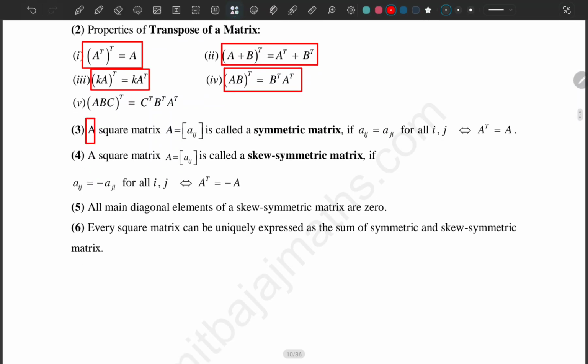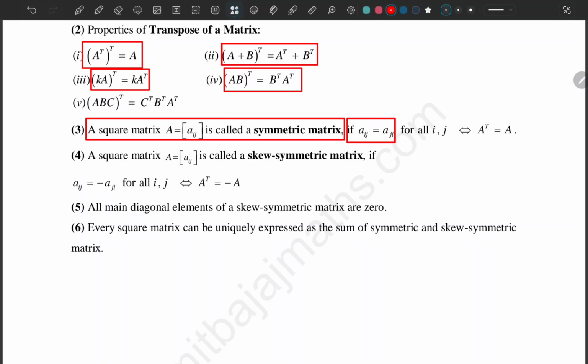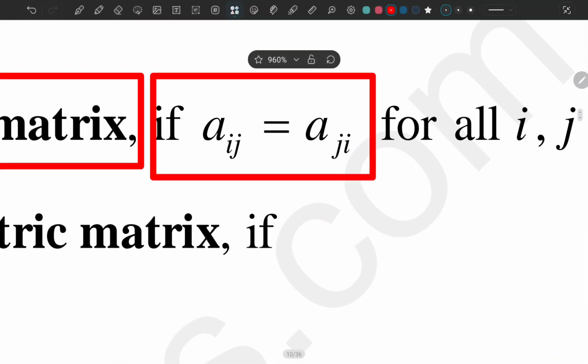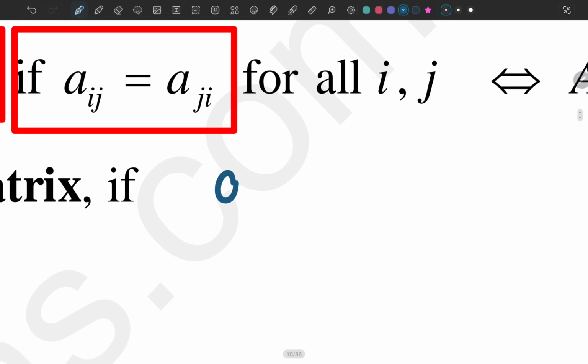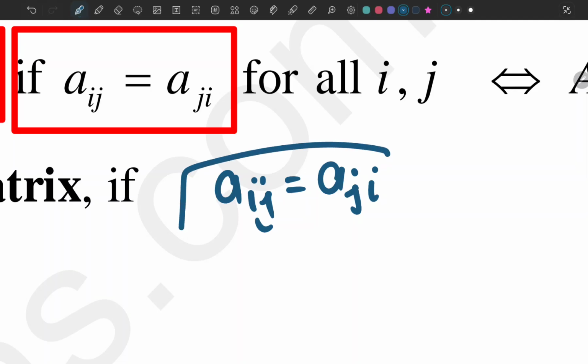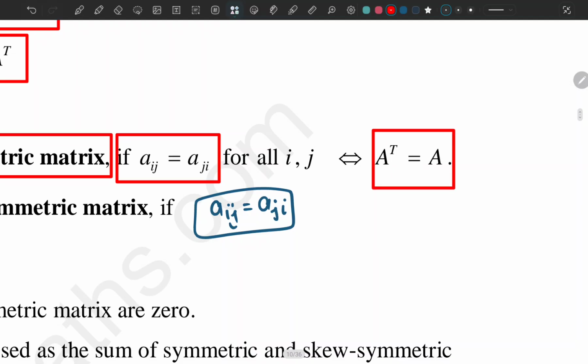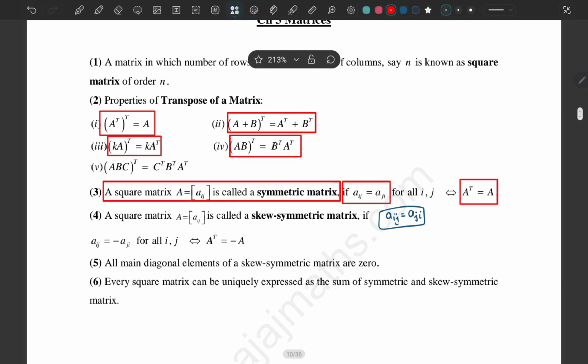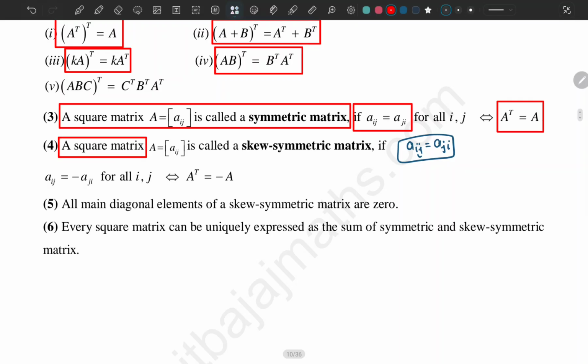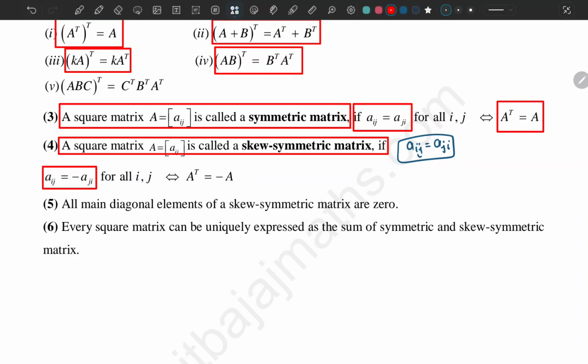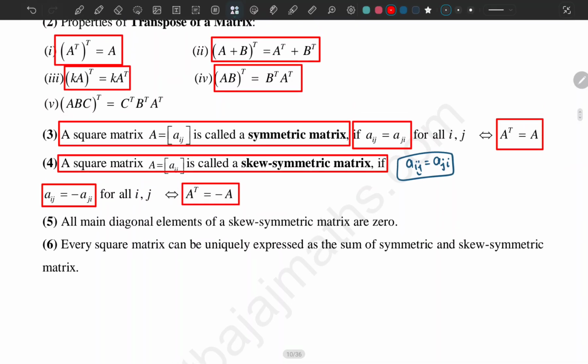A square matrix is called a symmetric matrix if aij equals aji. Or you can just check this by looking at whether A transpose equals A. And a square matrix is called a skew symmetric matrix if aij equals negative of aji, or the transpose is the negative of the matrix.